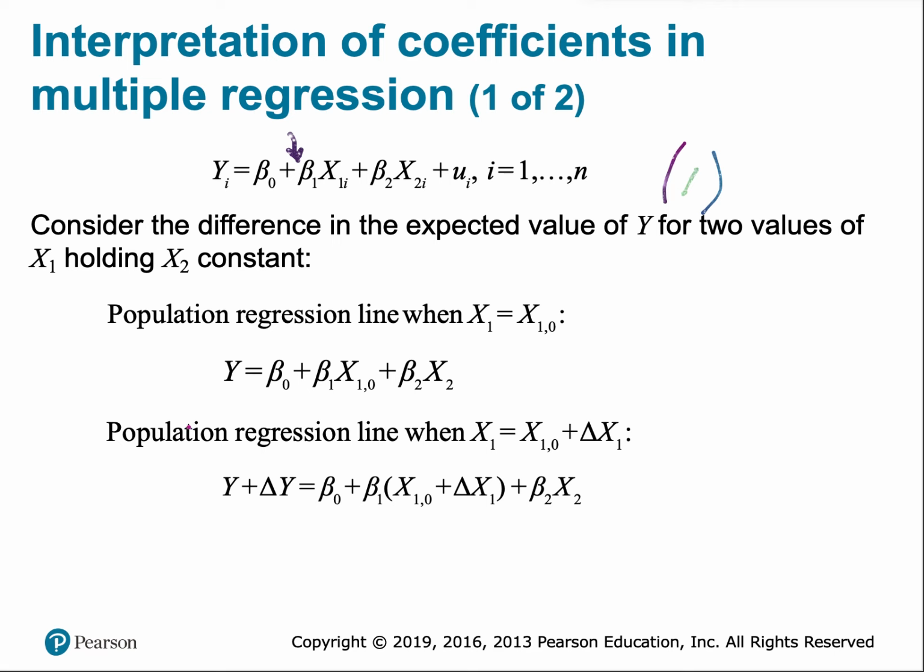Then, when x1 is equal to that initial value of x1 plus a change in the value of x1, the population regression line can be expressed by this equation. We have y plus the change in y is equal to beta naught plus beta 1 times the initial value of x1 plus the change in x1, plus beta 2 times x2.